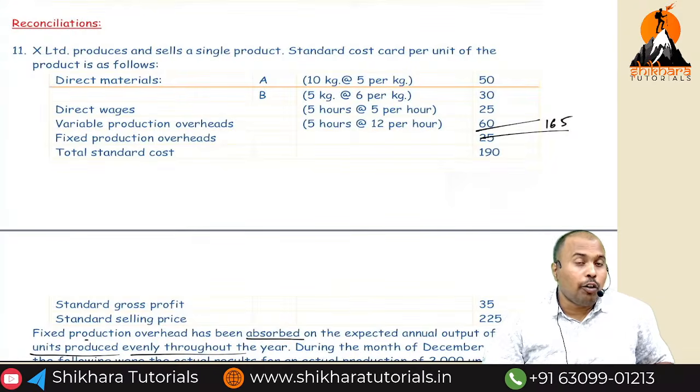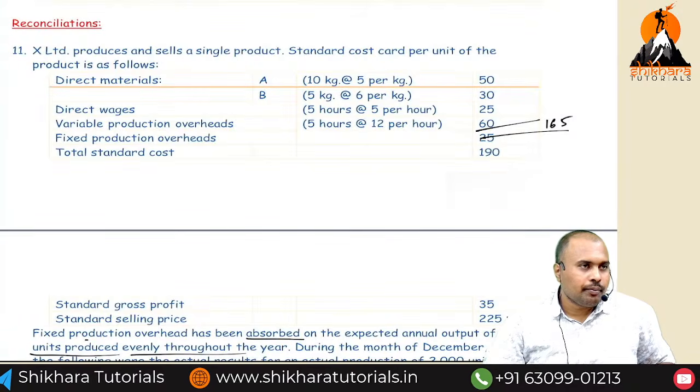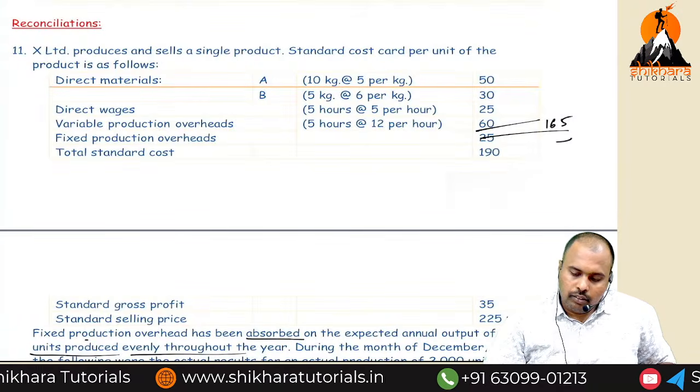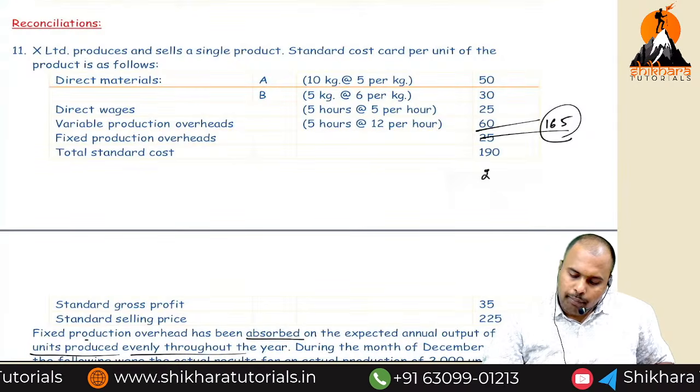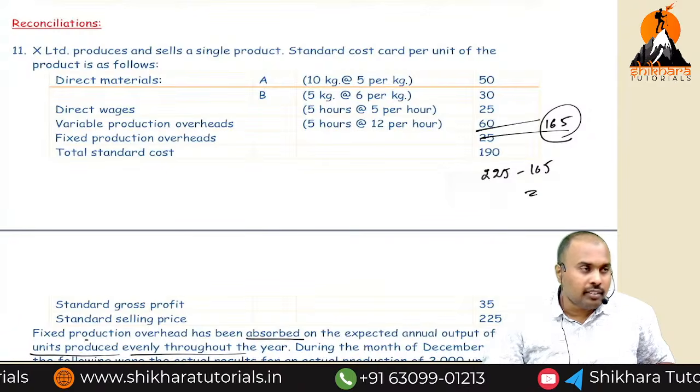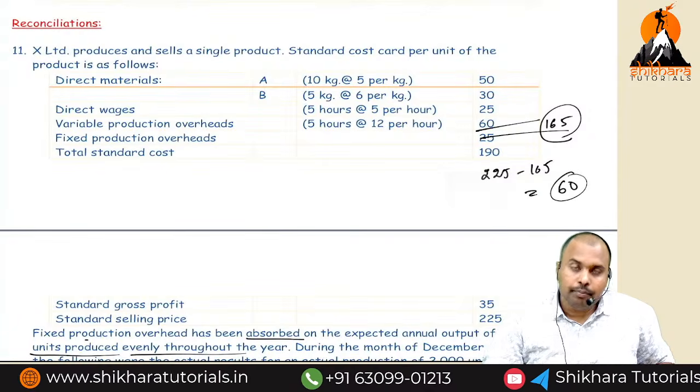Then what is contribution per unit? 225 minus 165, which is 60.